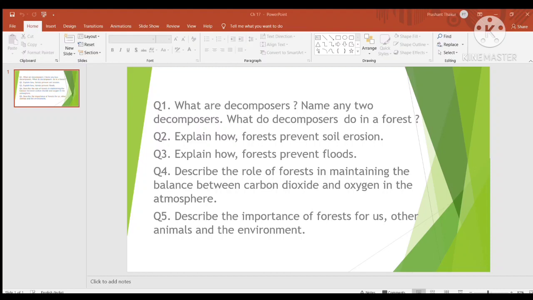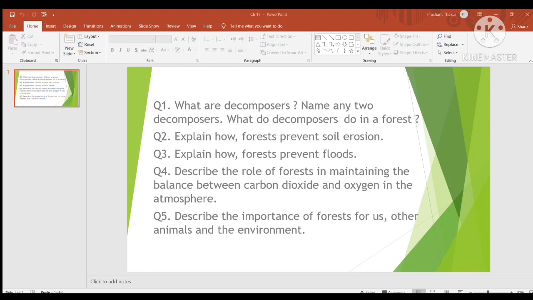Now, along with feeding on dead plants and animals, the decomposers also break down the animal waste and convert it into nutrients. So the decomposers have some importance: they return the nutrients present in the dead plants, dead animals and the animal waste to the soil.